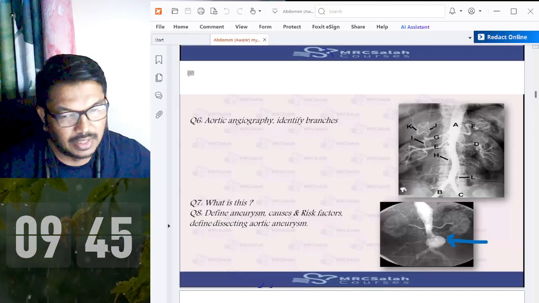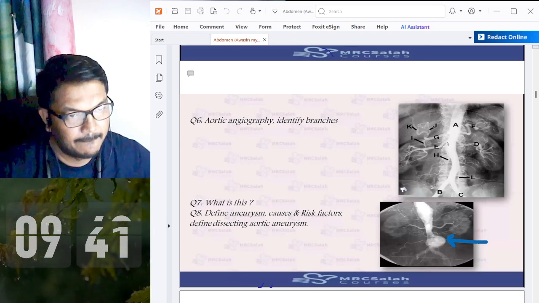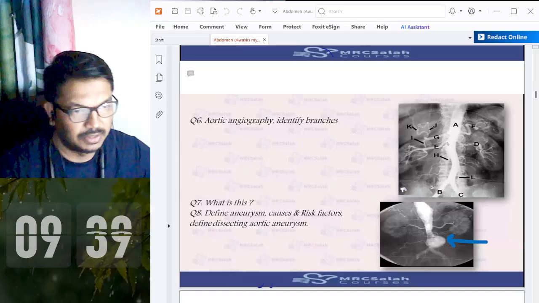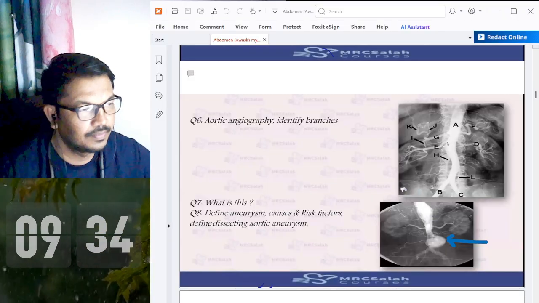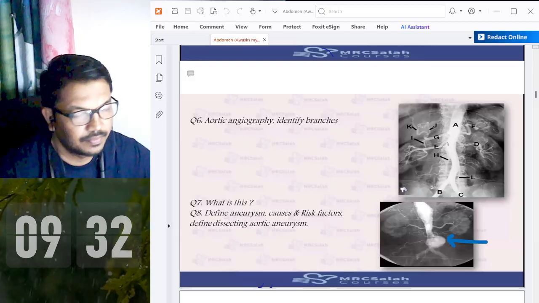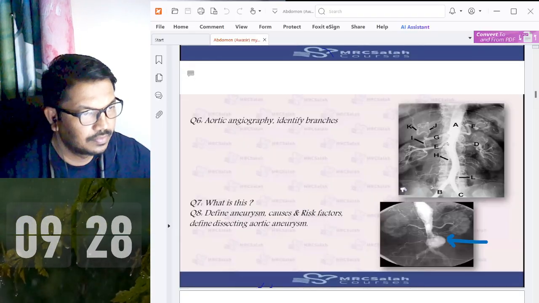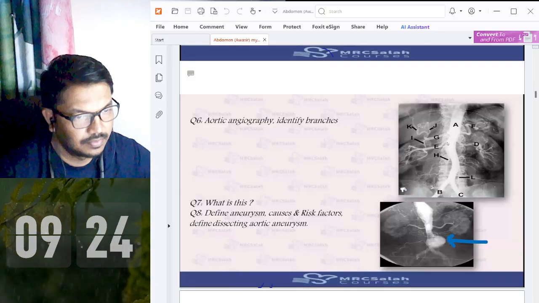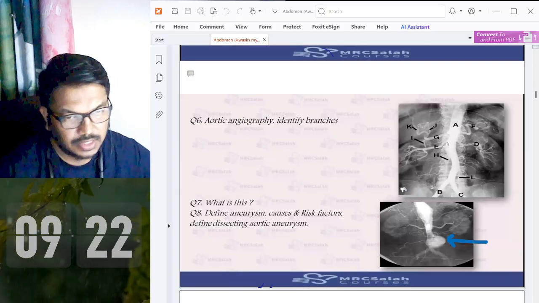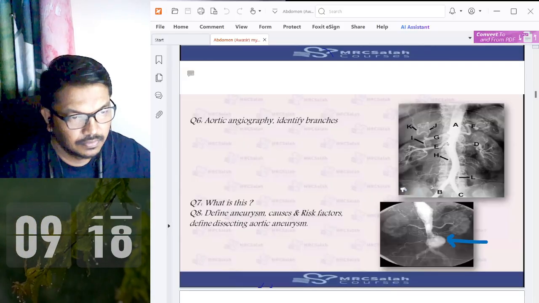What are the types of aneurysm? True aneurysm, false aneurysm. And pathophysiology for true aneurysm. True aneurysm is the medial cystic necrosis due to loss of structural protein of the blood vessel, especially elastin and collagen in the media. And false aneurysm is caused by post-trauma.